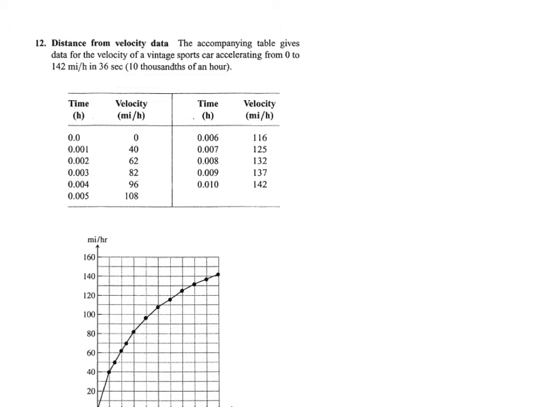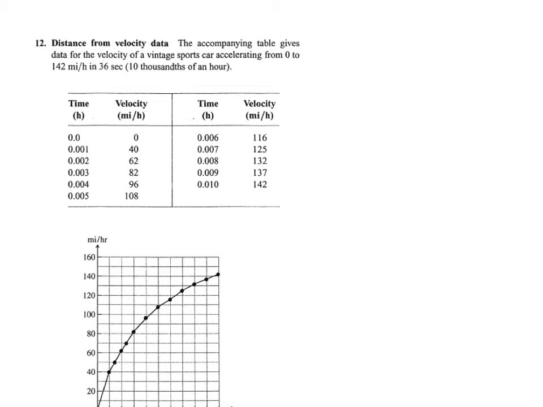This is part 3, and I want to go through problem number 12 with you. It's a word problem using a table and a graph. It wants us to calculate the distance of a car traveling over a 36-second period, and we're given the velocity data: all these different times and all these different velocities.